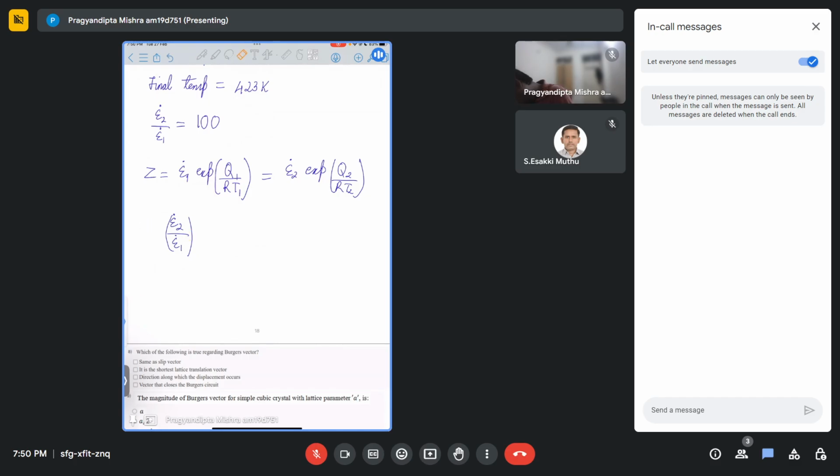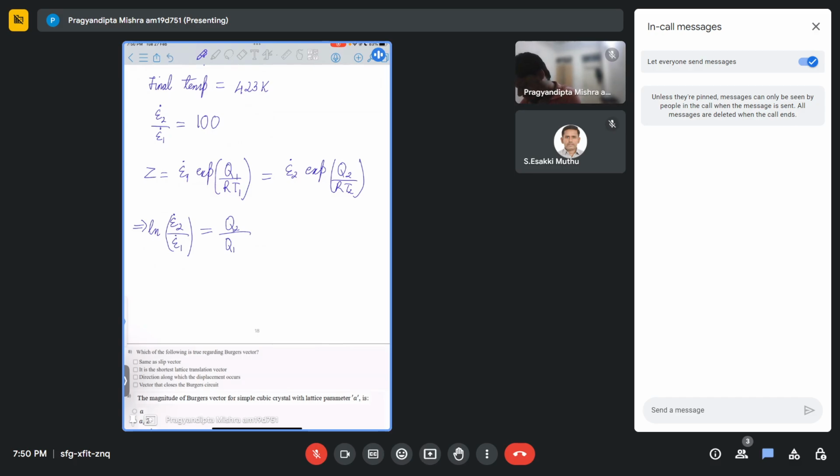Let's take the exponent on this side, so this will become ln, right? Q2 by Q1.